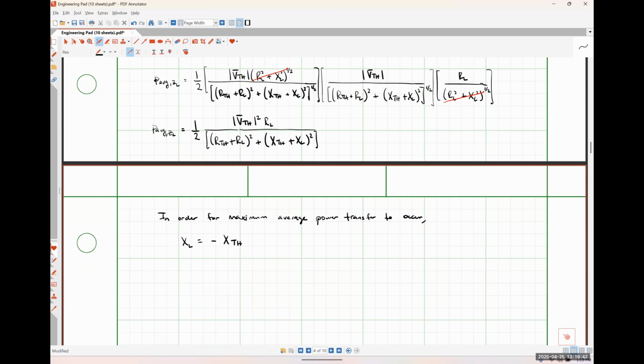Okay. So that when XL is equal to negative XTH, that reactance term goes to 0, which forces my average power term to have a smaller denominator and thus be a larger value than it could ever be with any reactance in the system to begin with. Are we okay with that? This makes logical sense.